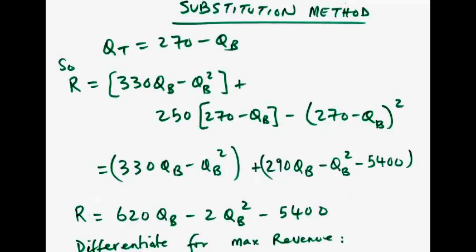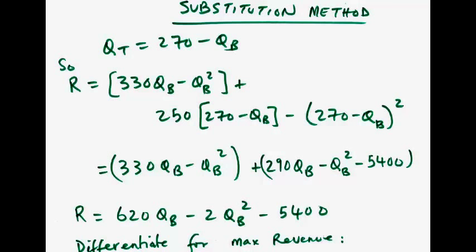I have mentioned several methods for solving this problem. The most straightforward might be the substitution method, in which case you take the equation that is the constraint and rewrite it in terms of one variable, and then you substitute that into the second variable so that we can have a simple two-dimensional function, revenue as a function of either QB or QT.